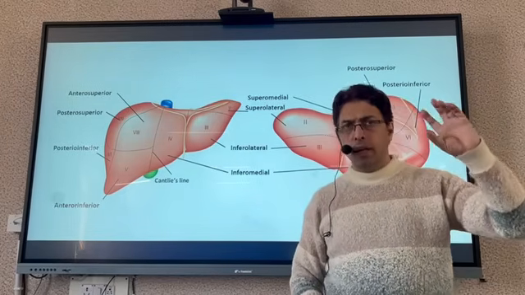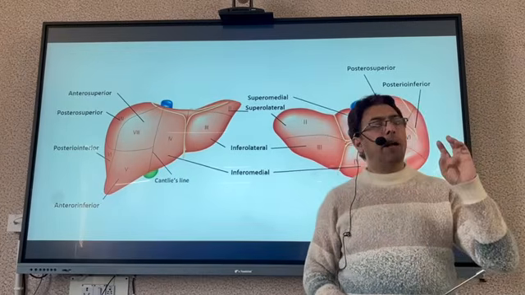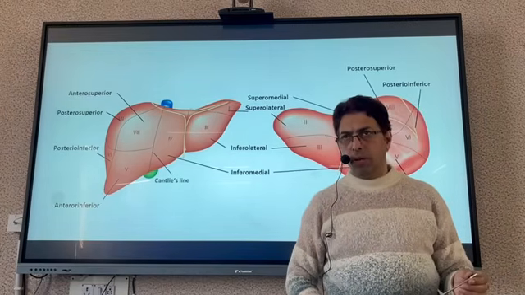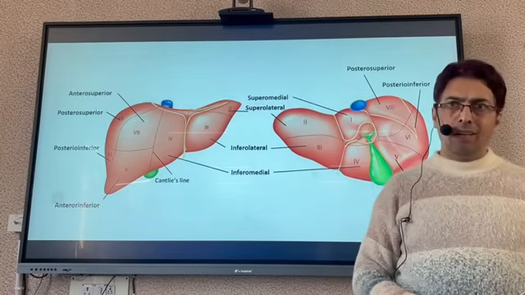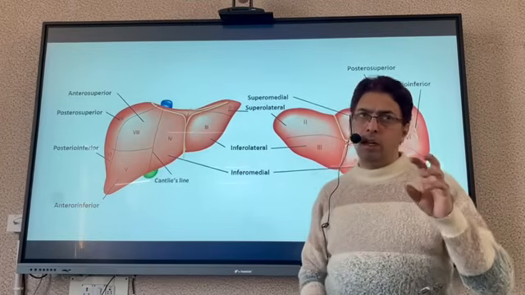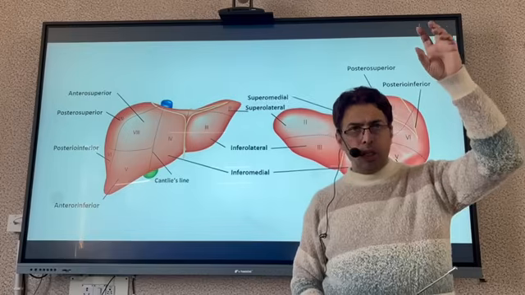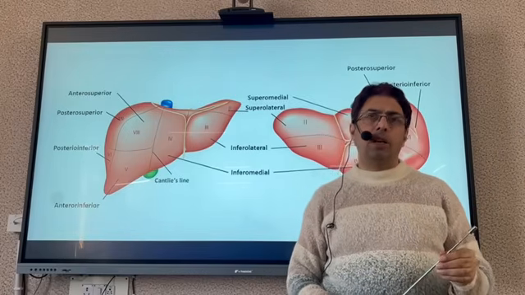So you can see that the liver, again like the lung, is subdivided into multiple segments, and these are given the name Couinaud's segments of the liver. So this is another important point about the liver. As far as the liver is concerned, you have to be well acquainted with all these points as far as the surgical anatomy of the liver is concerned.